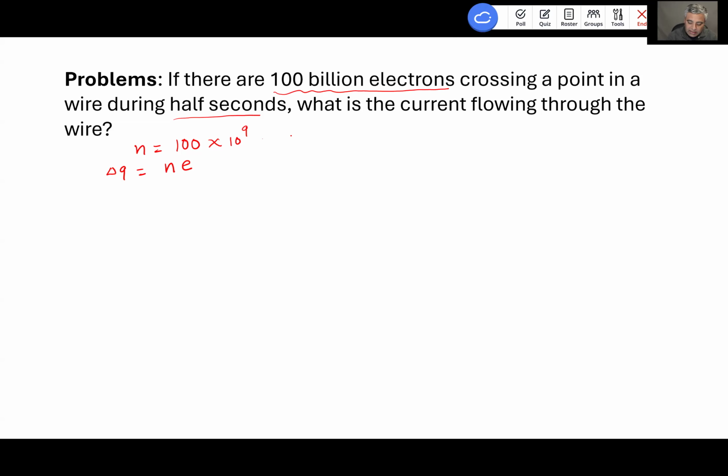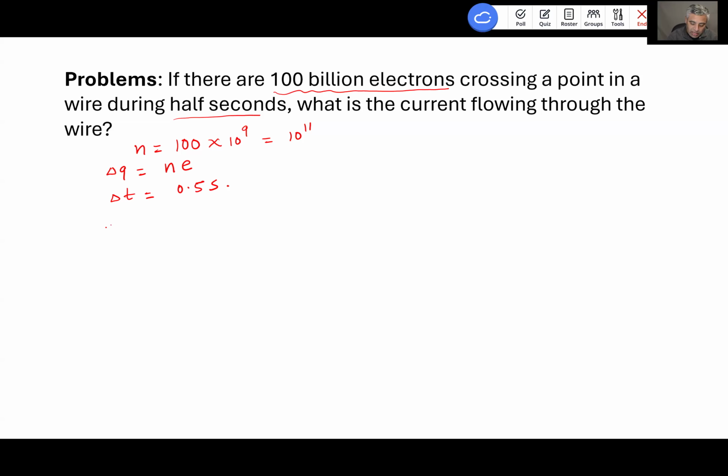So we can write this as 10 to the power 11 if we like. Let's leave it like that; we can plug in later. And then the time interval is half a second, 0.5 seconds.